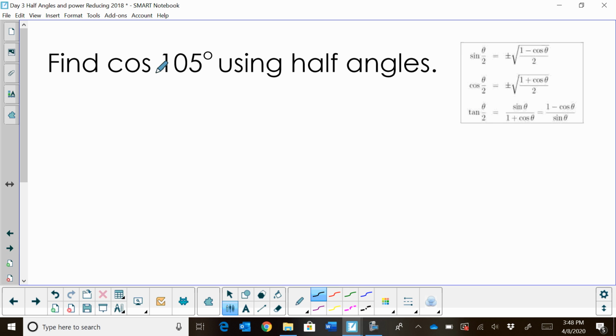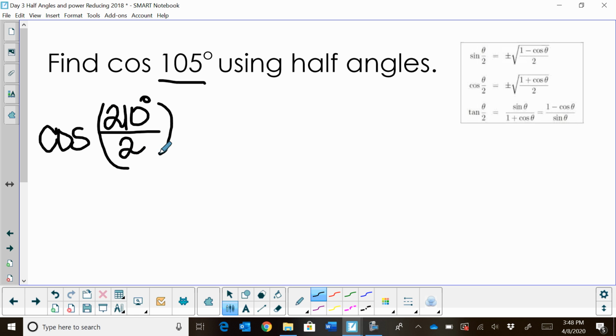So let's look at cosine of 105 degrees. We know that value is not on the unit circle. So let's rewrite this as the cosine of an angle that is on the unit circle. So if I take 105 and I double it, I get 210. 210 all over 2.